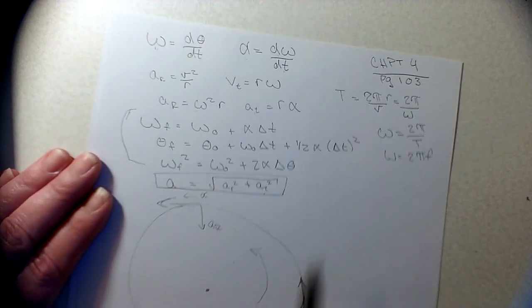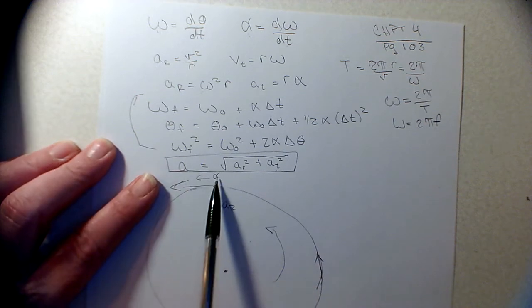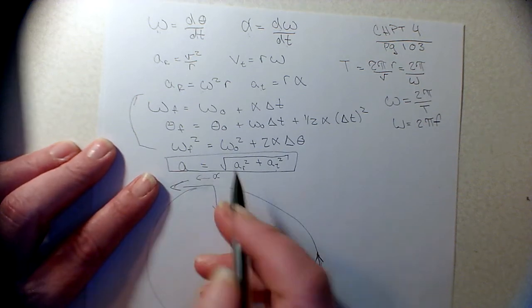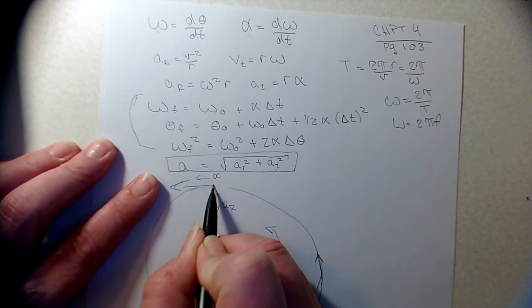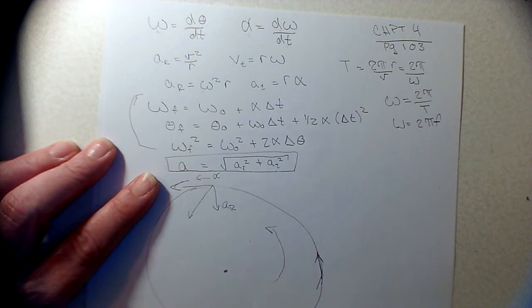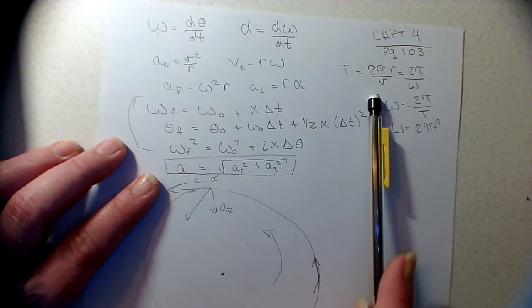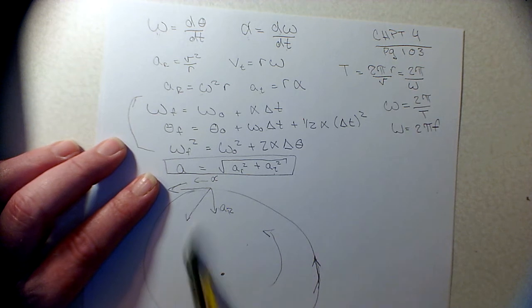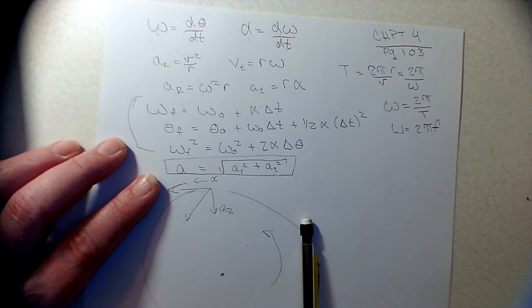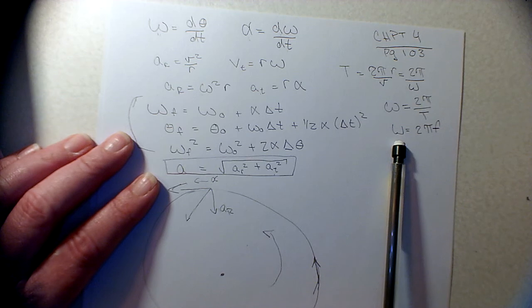Then moving on, this would be if I had acceleration tangentially that way and that way, then just to remind you, my resultant acceleration vector would be like that. That's just doing Pythagorean. So we come over here, and now we can relate the rate of rotation, so our period or our frequency, to omega itself.